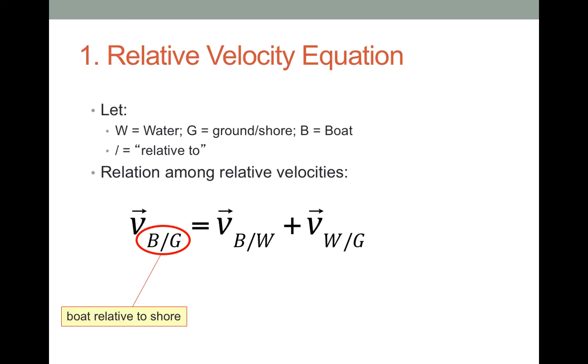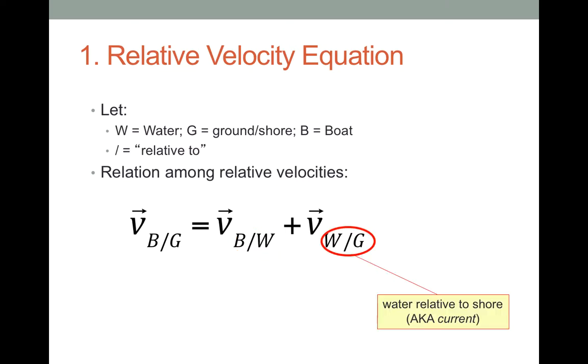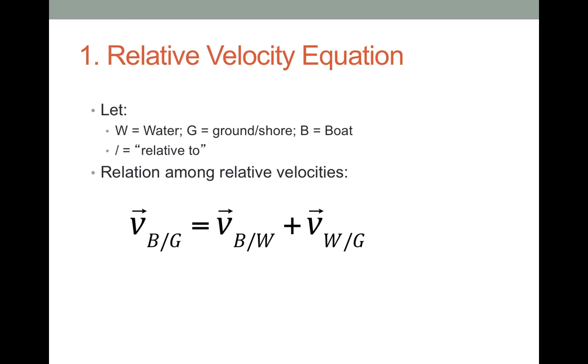And that will equal the vector sum of the velocity of the boat relative to the water. This will often be referred to as the velocity of the boat in still water. But the water usually isn't still, so we have to add the velocity of the water relative to the ground, which is otherwise known as the current. Now these three vectors add up, which means they form a triangle.